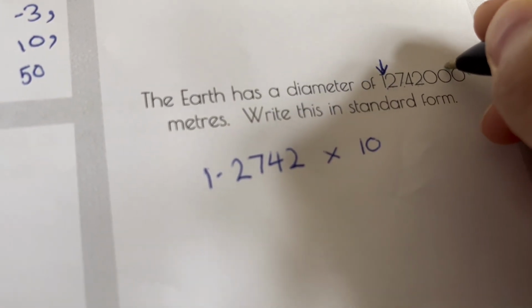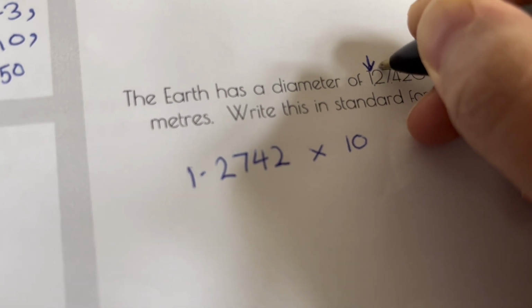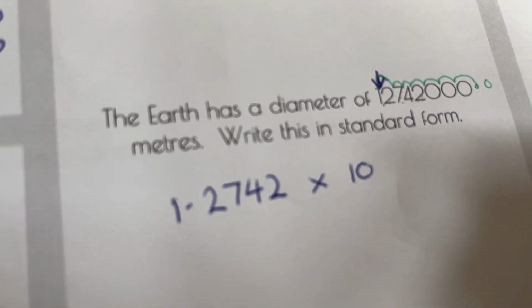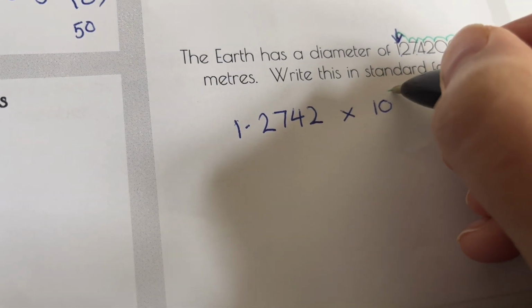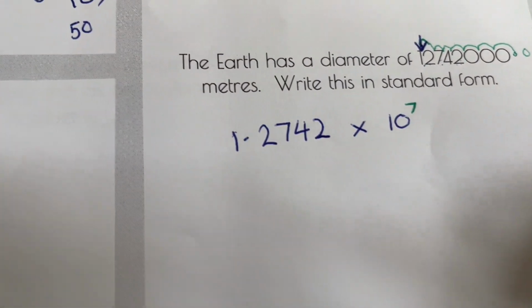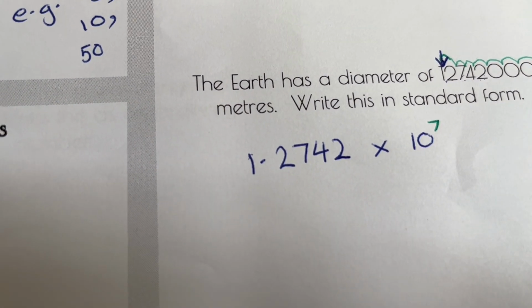So it's 1, 2, 3, 4, 5, 6, and 7. Excuse the squiggly jumps, but it is 7 jumps. So therefore, the answer should be 1.2742 times by 10 to the power of 7. Okay, so that's that example.